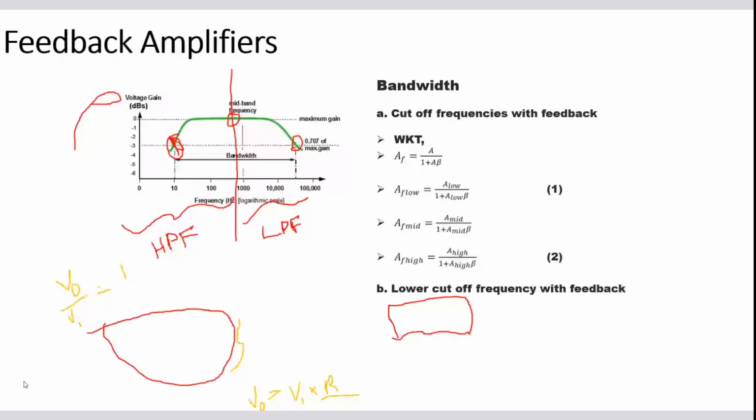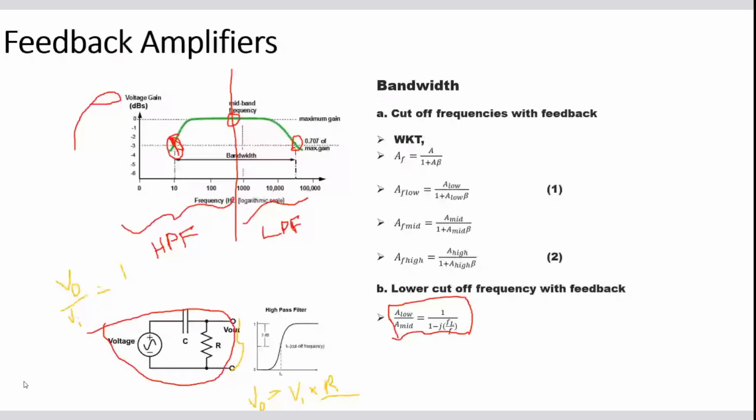Then you can see that the output voltage V output is equal to the total input voltage VI into R divided by R plus 1 by JXC, if I'm not wrong.